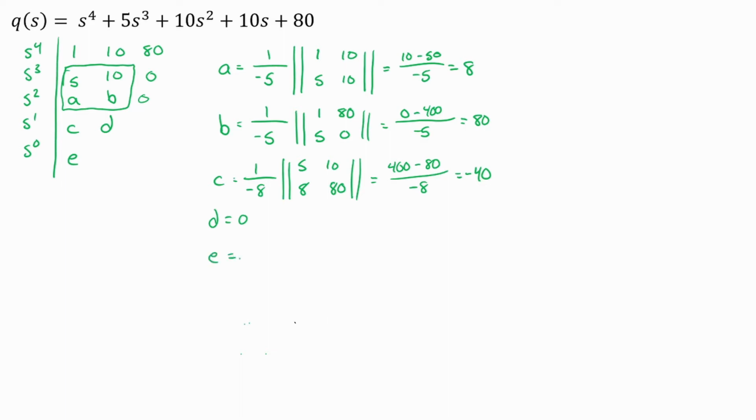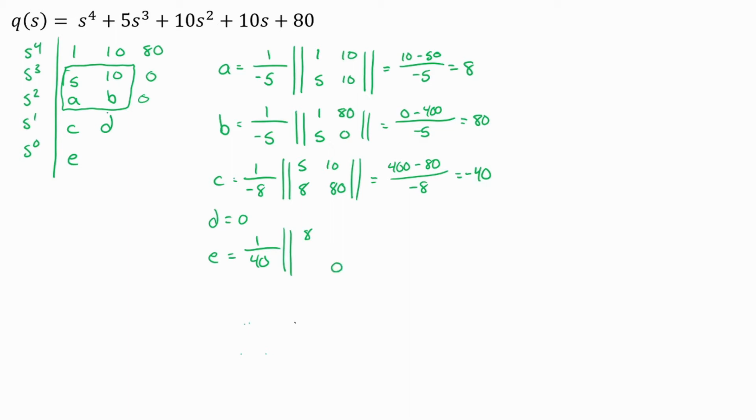We have E. And E is going to equal A times D minus C times B, over negative C. So C was negative 40, so times that by minus 1, and we get a simple 40 at the bottom. A times D, we figured out that A was 8, and D is 0.